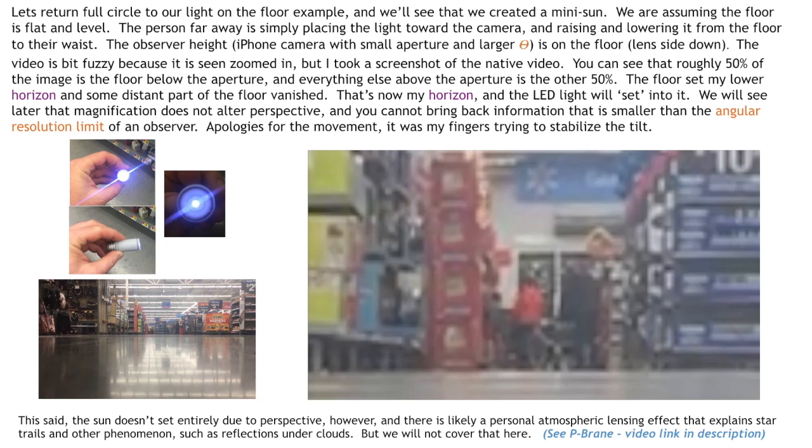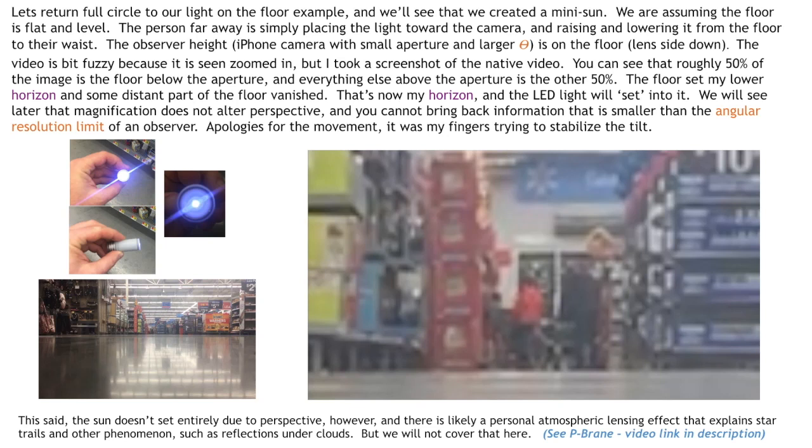We will see later that magnification does not alter perspective, and you cannot bring back information that is smaller than the angular resolution limit of the observer. Apologies for the movement artifact. It was my fingers trying to stabilize the tilt. It's a lot more stable when it's not zoomed in, but when it's zoomed in, it's a little bit unstable.